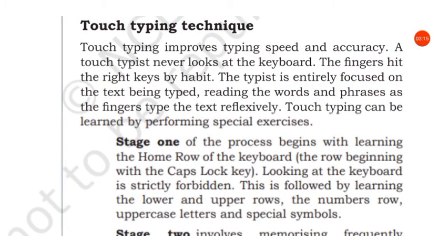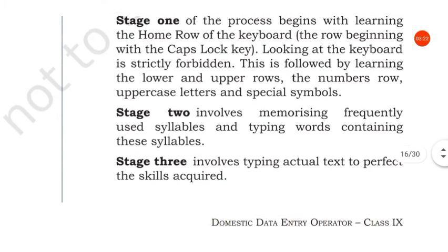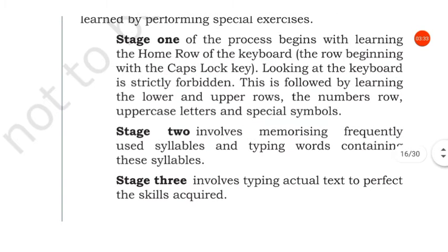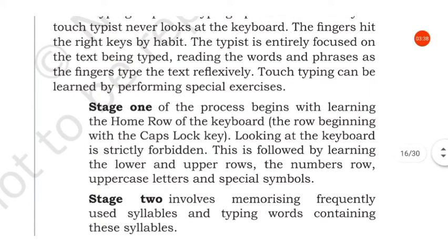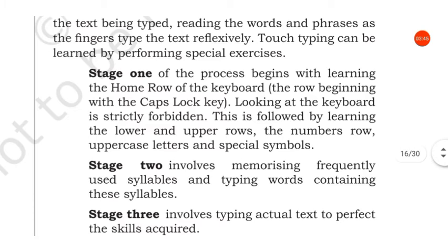Touch typing can be learned by performing special exercises. There are a few stages in Rapid Typing Tutor. Let us see what the first stage to learn touch typing is. Stage 1 of the process begins with learning the home row of the keyboard.